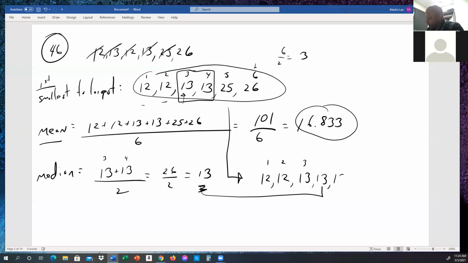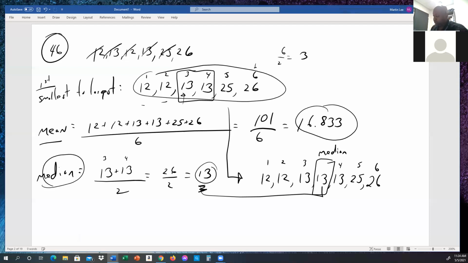Then we have the fourth number, and then fifth, and then the sixth number. Yep, the median is 13. So here is the median.